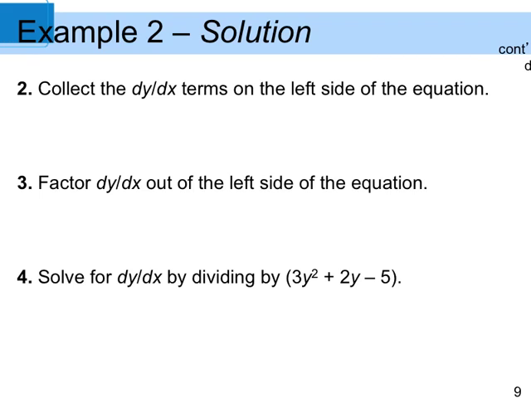So again, I've already collected the dy dx terms on the left side of the equation. I've already factored the dy dx out, and if I could paste what I had over there.